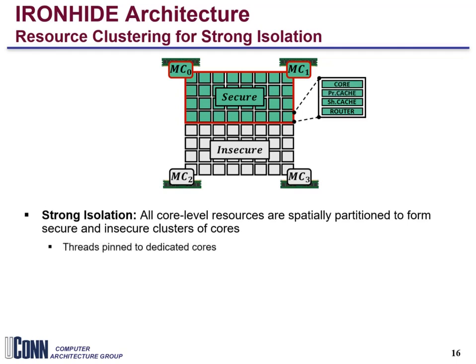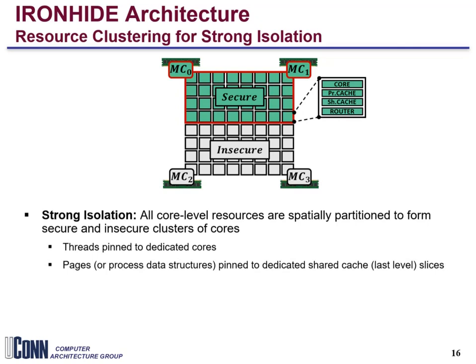To form these clusters, first, IRONHIDE maps the process threads to respective cores. This results in isolating the per-core private resources of the system, such as private caches, TLBs, and core pipeline. To isolate the shared cache resources, the memory pages of any given process are mapped to dedicated shared cache slices.